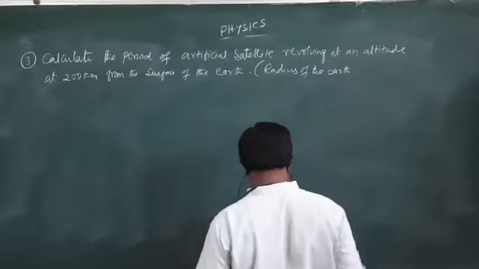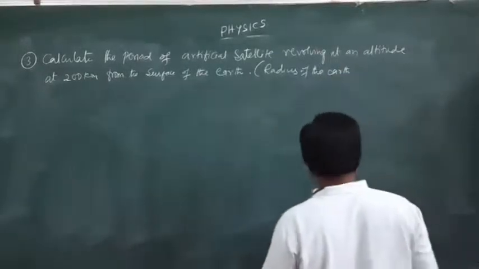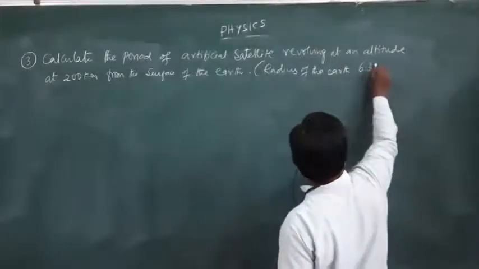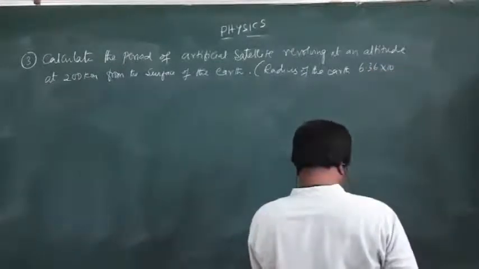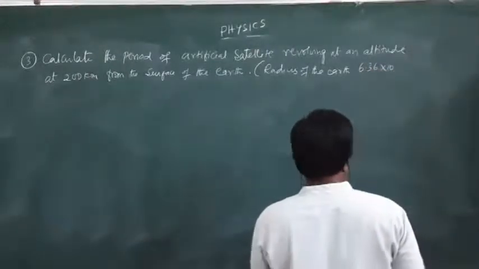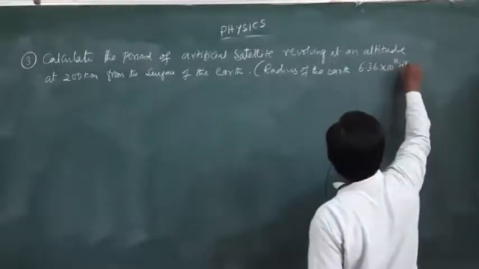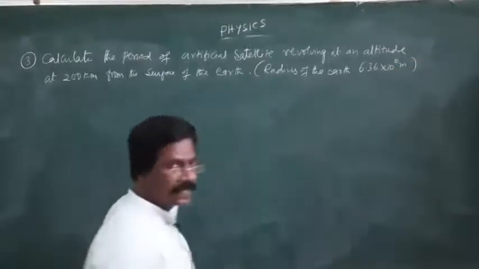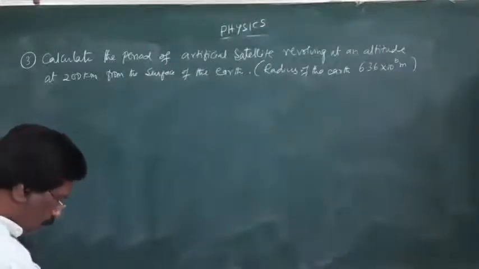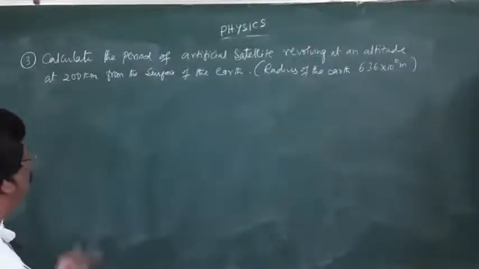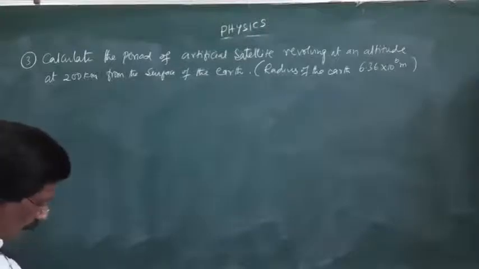as 6.36 into 10 raised to 6 meters. It's given in terms of meters, not in kilometers. So with this we have to calculate what is the time period of the satellite.